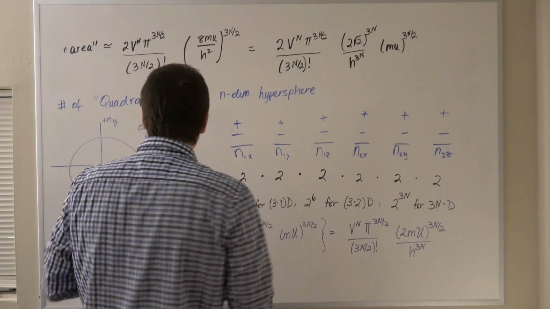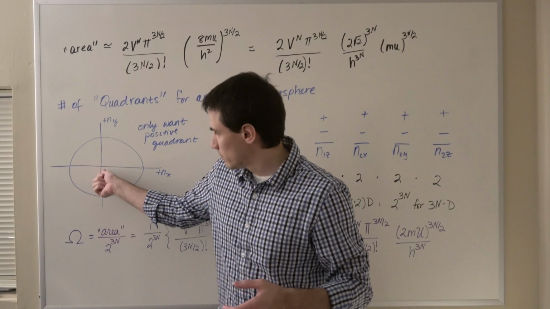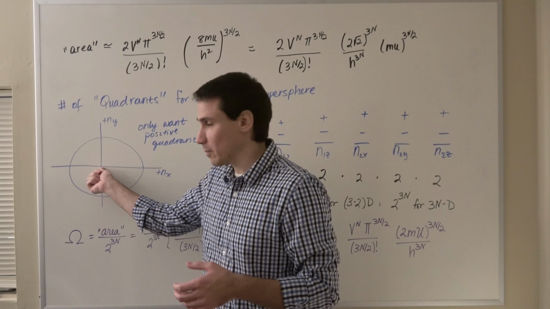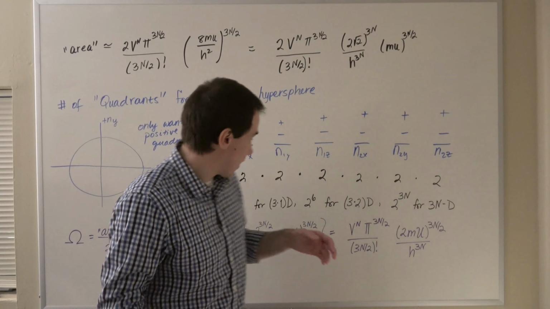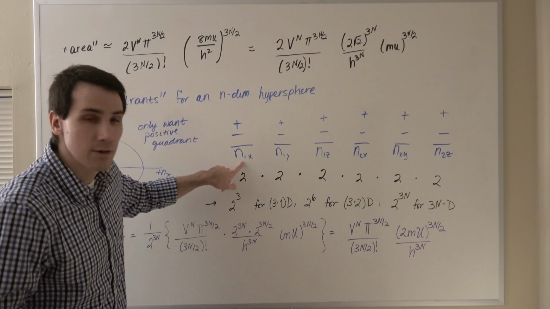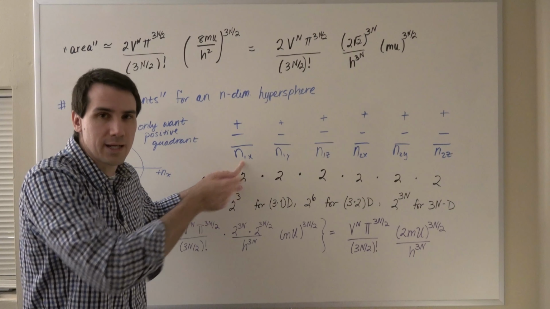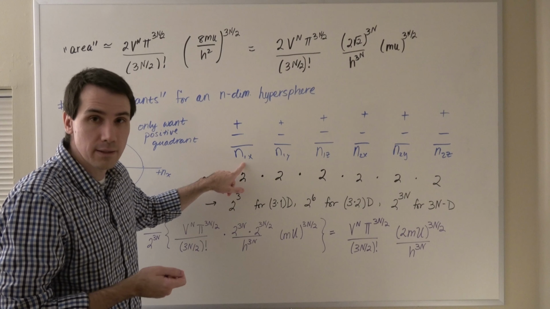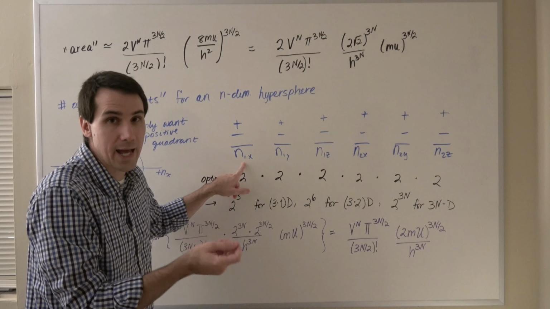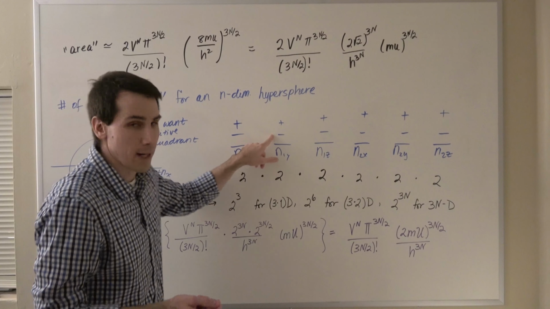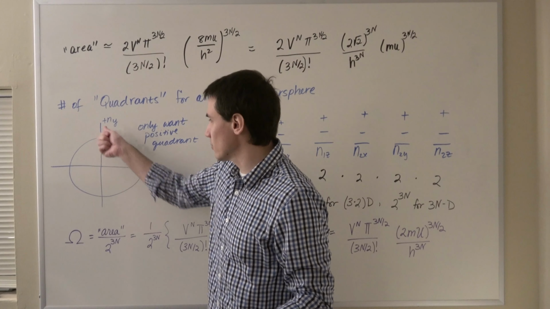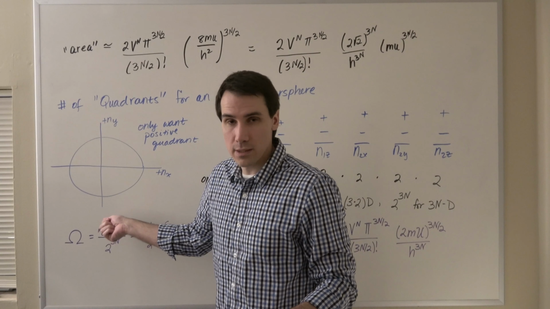So if I look at my axis here, from the axis I can move in the positive x direction or the negative x direction. So I have 2 options for the directions that I can move in the x direction here. For y, I also have 2 options, right? I can move in the positive direction or the negative direction.